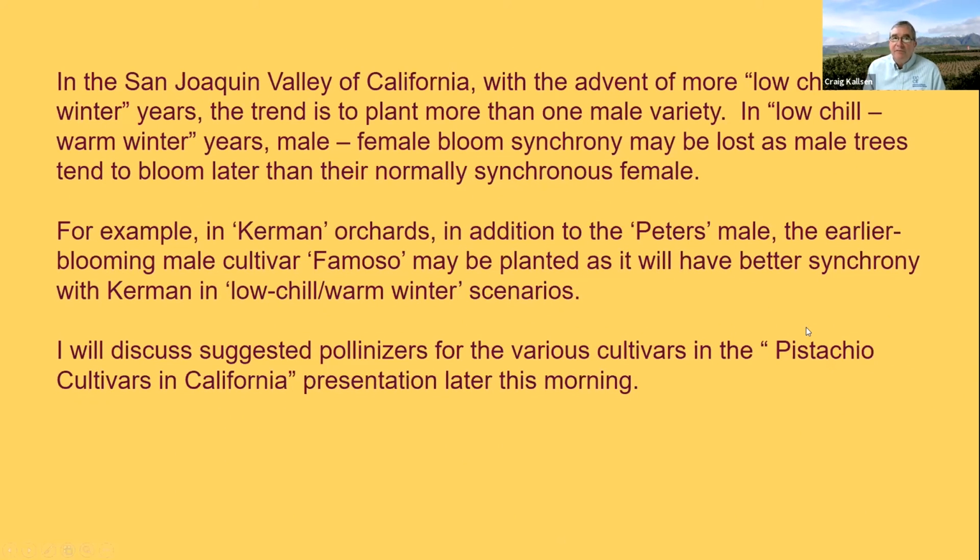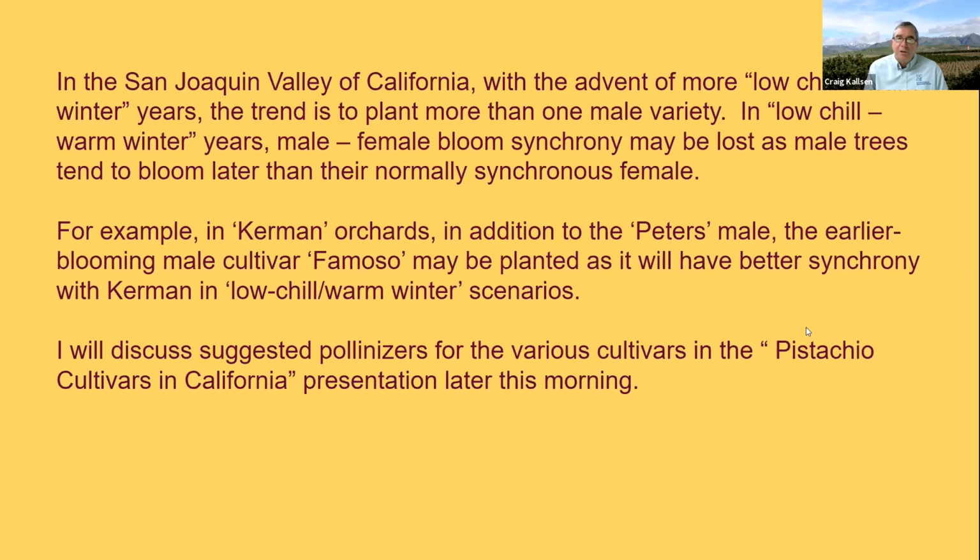Now in the San Joaquin Valley of California, we're having more low chill, or what we call warm winter years. So the trend is to plant more than one male variety. It's because in low chill years, we seem to see some offset in the synchronization between male and female flowers, male and female trees.